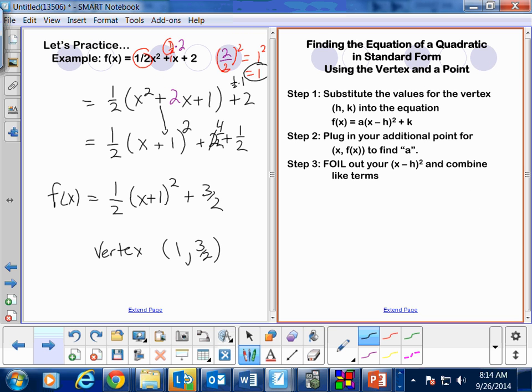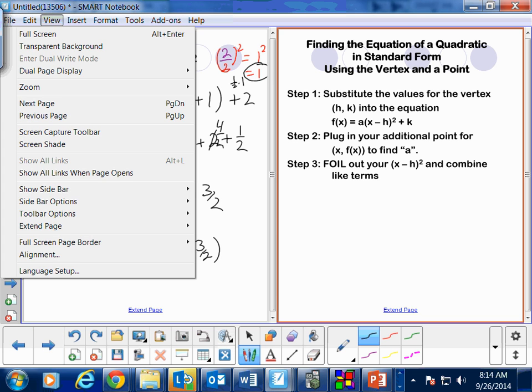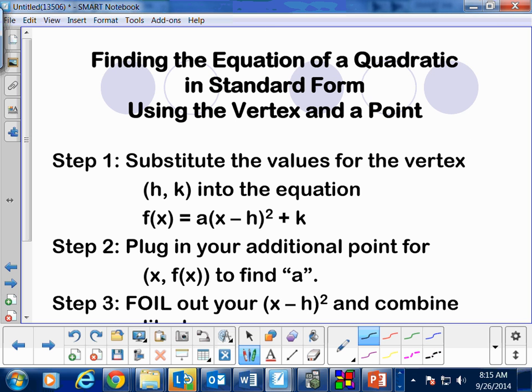Let's move forward. And now I'm going to take away the full view because we're going to do something that's not necessarily related, but just a little different. It says finding the equation of a quadratic in standard form using the vertex and a point.